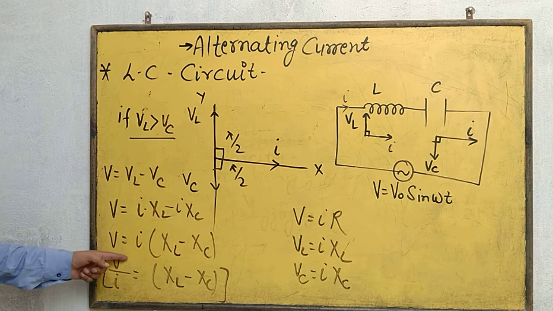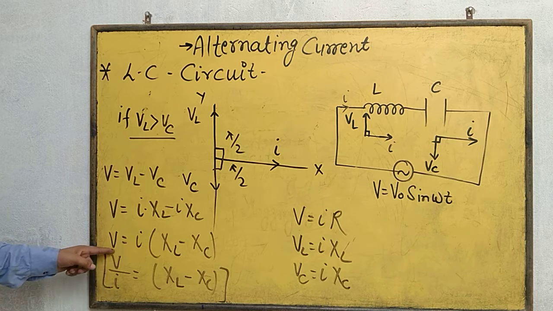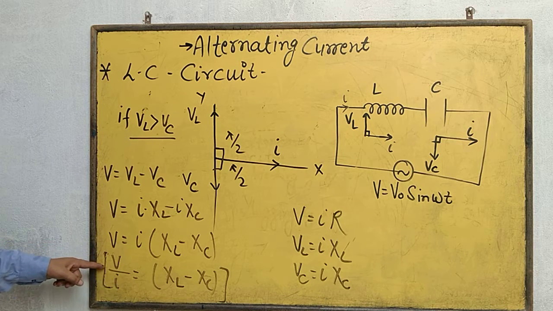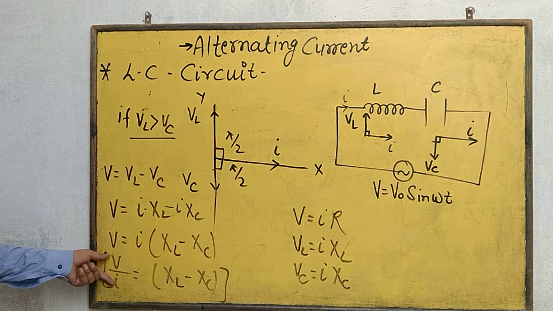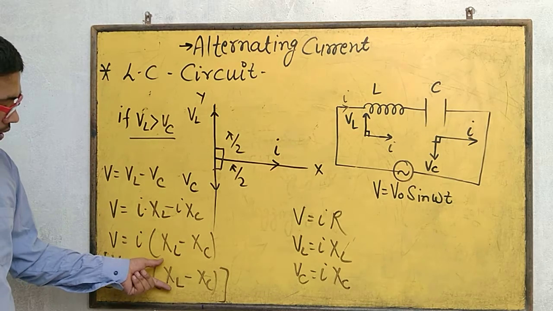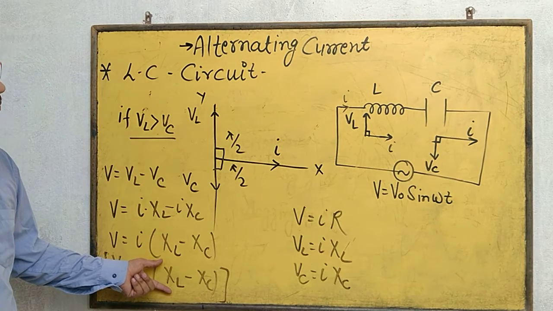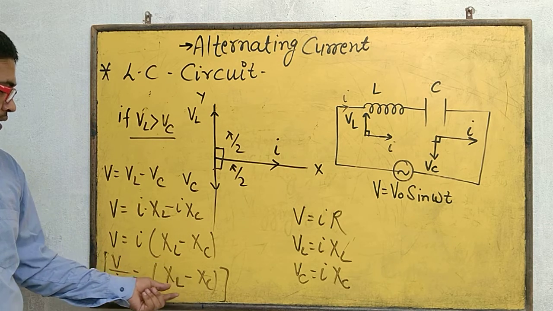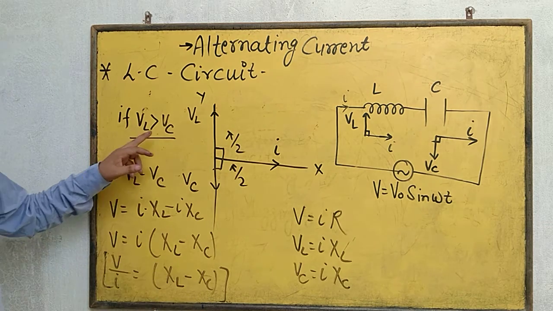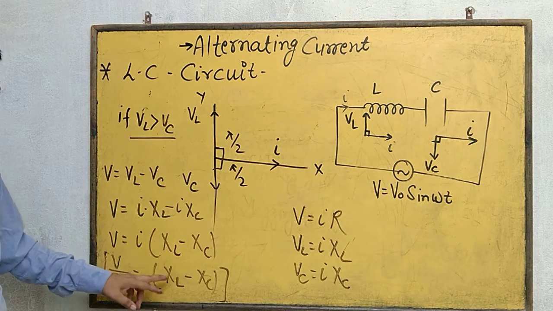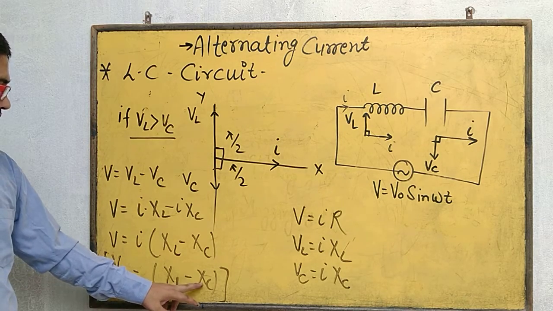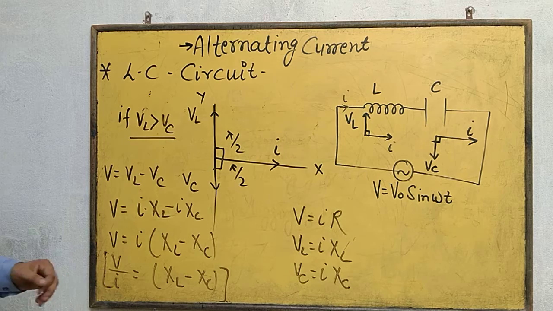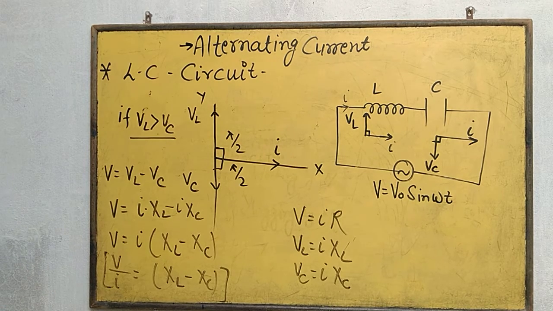It means this is the net effective impedance, or you can say resistance, of this circuit, and this is equal to the resistance offered by the inductor minus the resistance offered by the capacitor. But if VC is greater than VL, then this will be XC minus XL. This is the formula for the net impedance of this circuit.